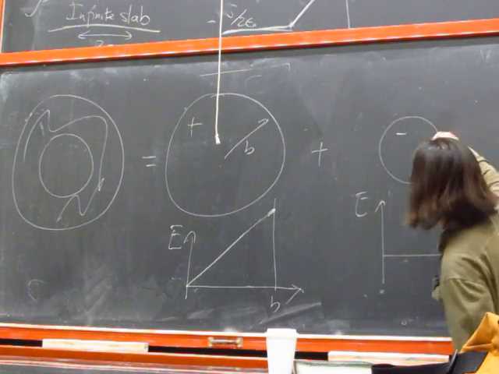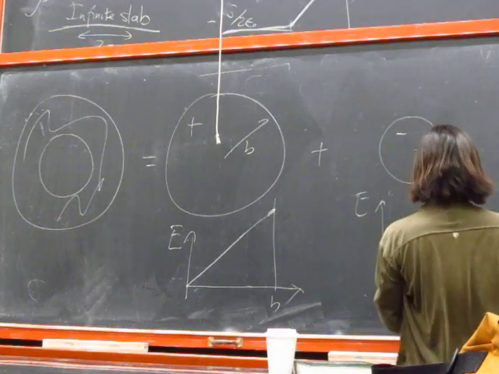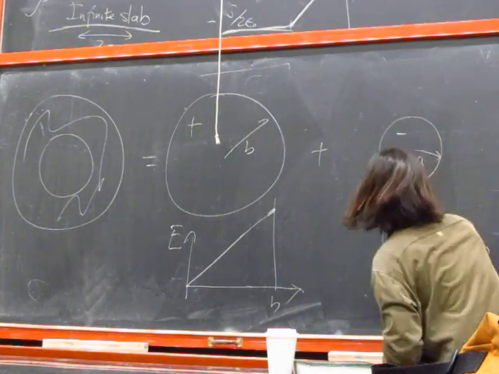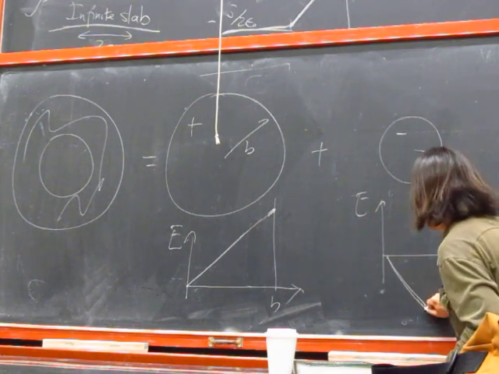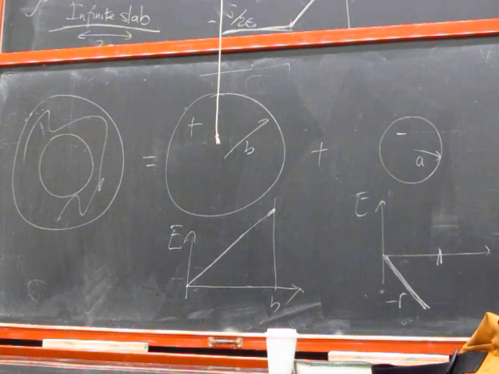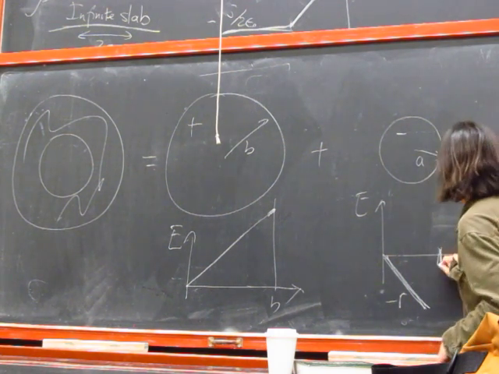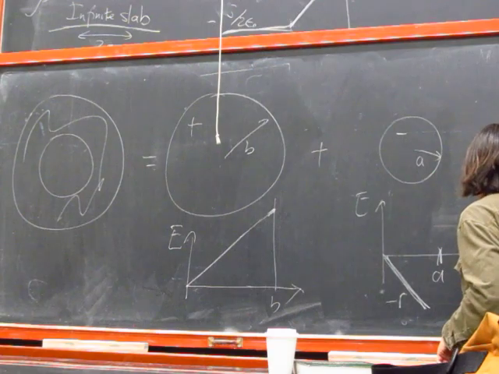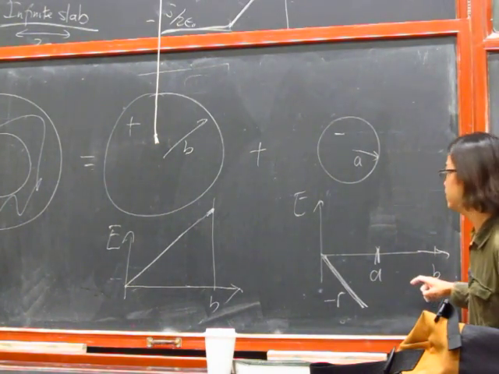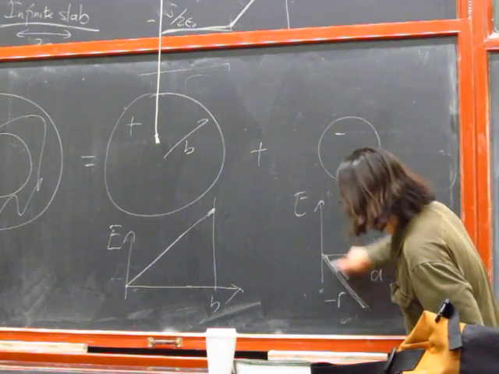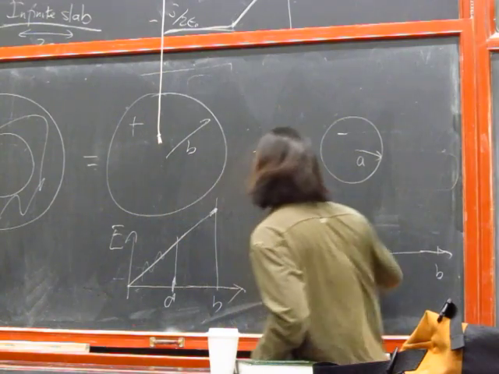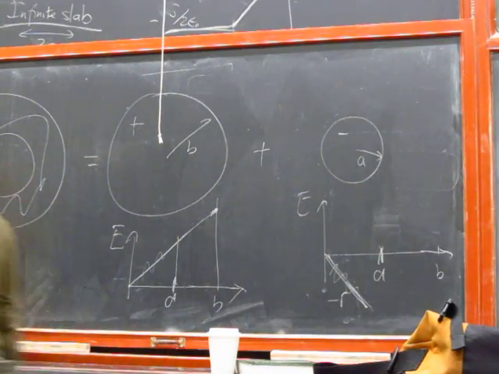It's minus R, right? But what matters is between A and B. That's what we want to solve right now. In fact, this contribution here cancels that contribution. That's why we have 0.